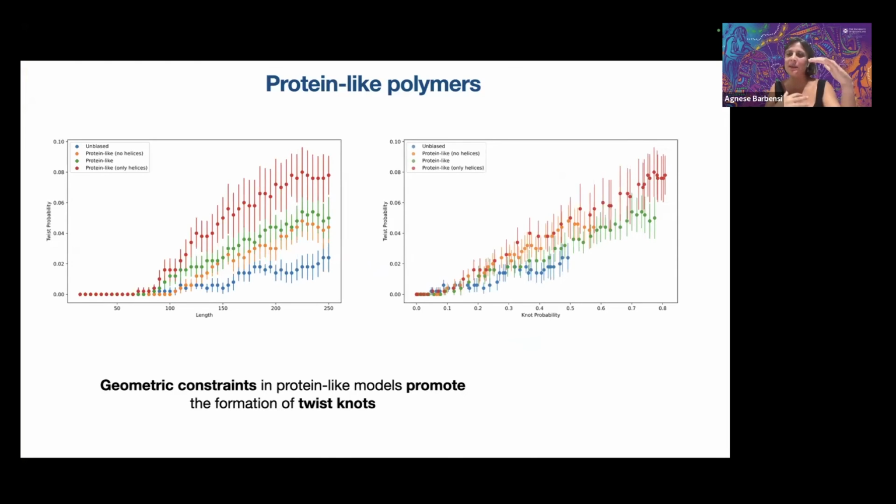So again, the proportion of non-alternating torus knots is quite small, but it starts to be quite substantial once you add these constraints. We also see, I haven't touched on that, that after adding these constraints, the probability that the configuration gets knotted increases a little bit.